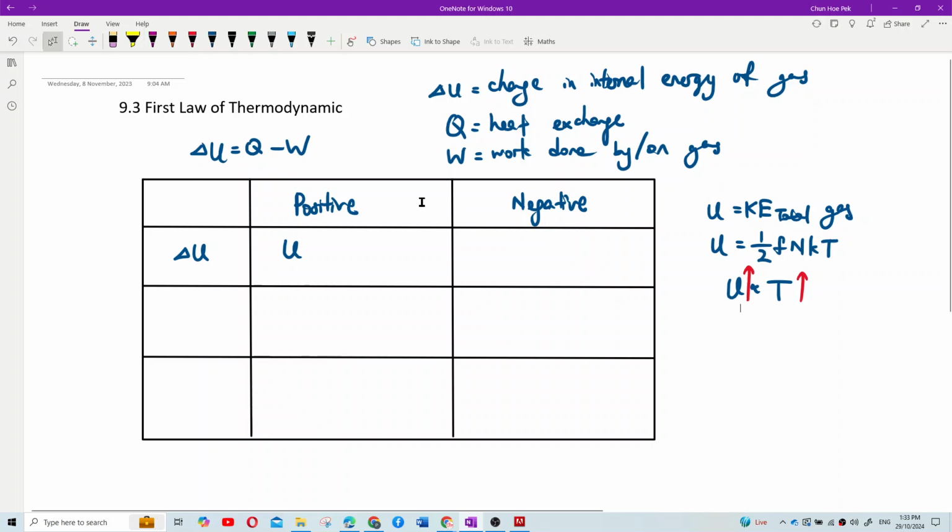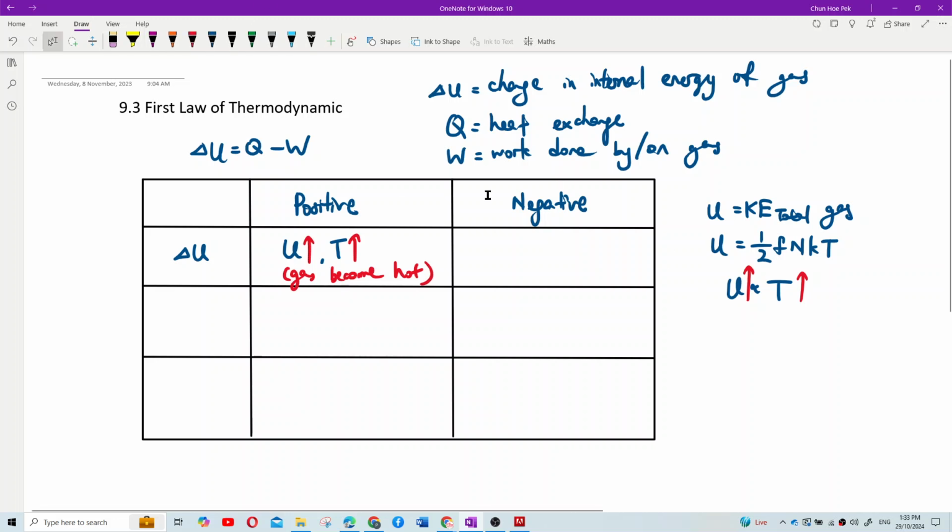So when delta U is positive, that means the internal energy increases, and temperature also increases. That means the gas becomes hot. Understand?